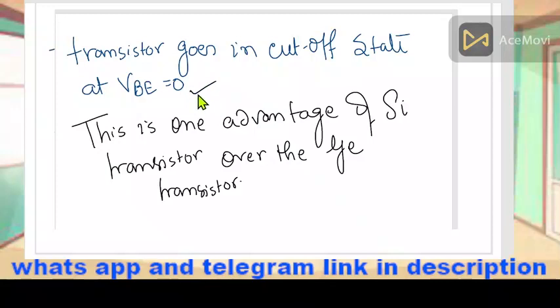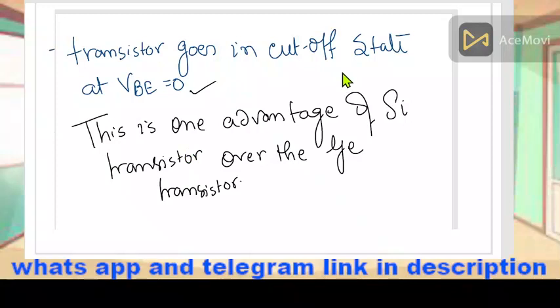This is one advantage of silicon transistor, that you are not required to apply any non-zero voltage at the base emitter junction as it was required for the germanium transistor. So silicon has proved that it is a better transistor material.